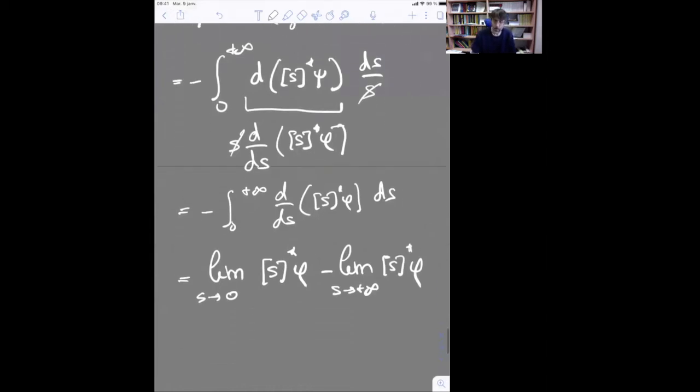And now, what happens when s tends to infinity? We are taking a Gaussian that is more and more concentrated on 0, but we are working on Cn minus 0, so we are away from the 0 section. So this tends to 0. So this is equal to 0.